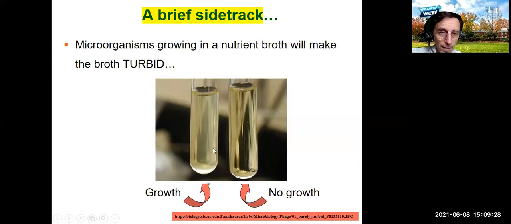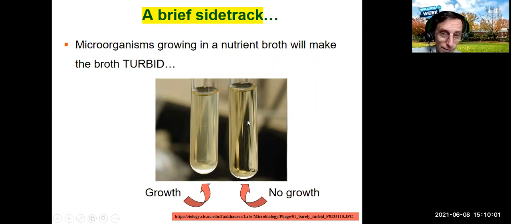That's a little better. The turbid means that it's cloudy because microorganisms are growing in it. If it's clear, there's no microbes in it. And they noticed with microbes that initially they always had, when they made their media, something growing in it. Of course, the reason is because the microbes were in the tube or in the air and could fall into the tube as long as the tube was uncapped.